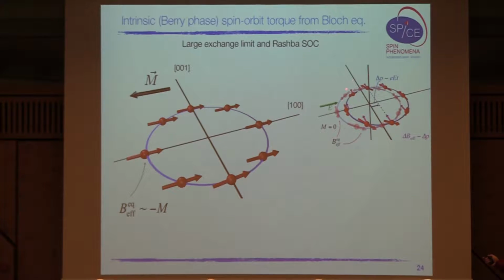This is why I insisted on showing you this picture of the intrinsic spin Hall effect, because now you actually create a system where you have a magnetization that is strongly exchange coupled. So you're in a large exchange limit that effectively lines up, or anti-lines up in this case, the equilibrium spins with the magnetization. But remember that you still have a Rashba spin-orbit coupling underneath. It's not very strong, but it's the only one that has an angular dependence.